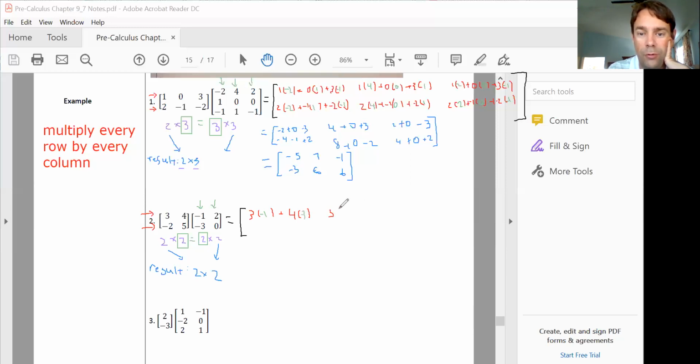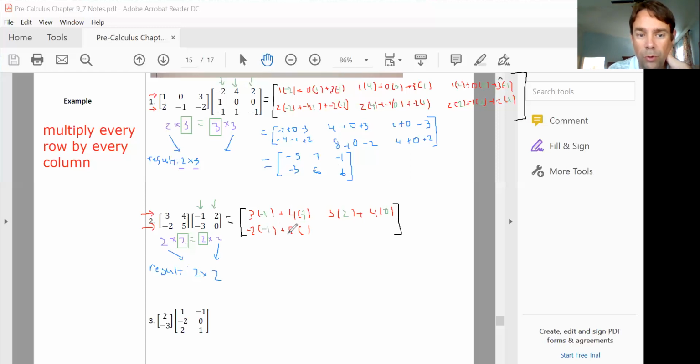First entry in the first row, second entry in the first row, and we have the first entry in the second column and the second entry in the second column. First entry in the first column plus second entry in the second column and first entry in the first row.